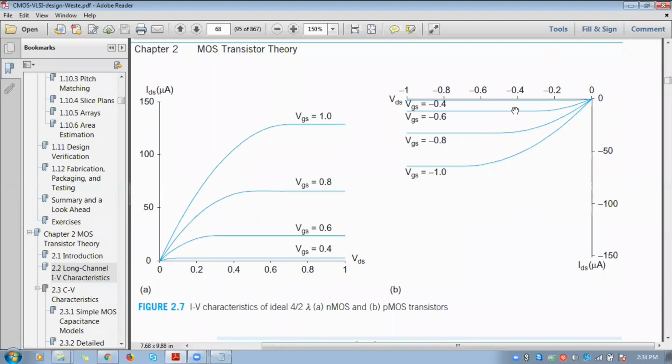Actually, we may not mention it as reverse current in pMOS. In pMOS, the current flows from source to drain, in the opposite direction. So we have to specify only that as VDS decreases, the output current increases linearly in pMOS, and in the saturation region it gets saturated.